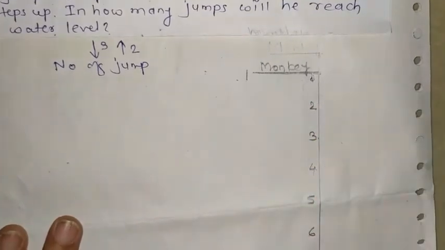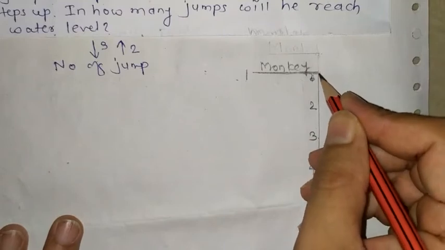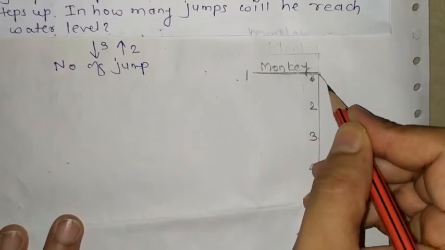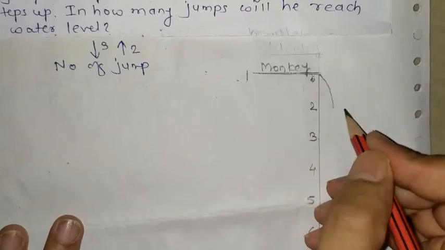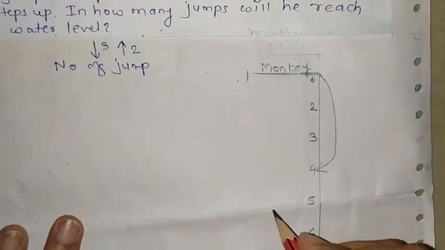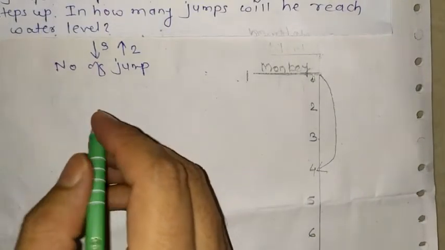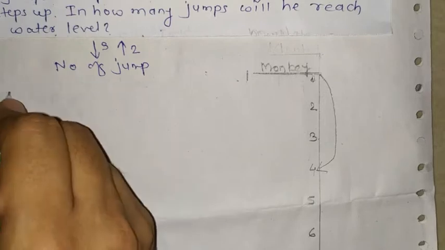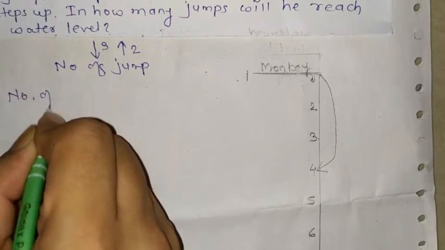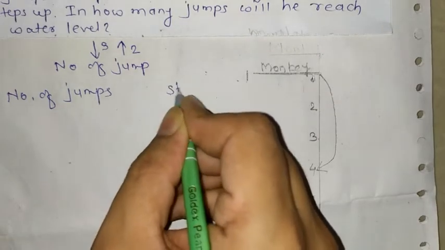So here the monkey initially requires 3 steps downside, means the monkey goes from step 1, step 2, 3, 4. So this is step number 4. For solving this question, it is better if you make 2 columns. That is, number of jumps and second one is steps calculation.